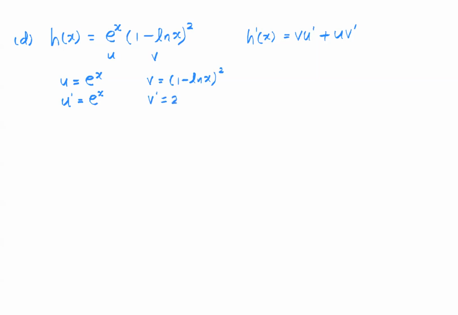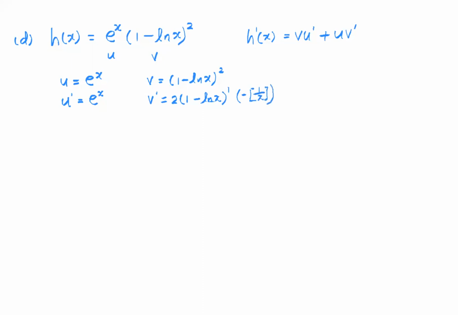Multiply by the power, copy down the whole thing, power take away 1. Times by the rate of change of whatever is in the bracket, that is negative ln x, you get negative 1 over x.